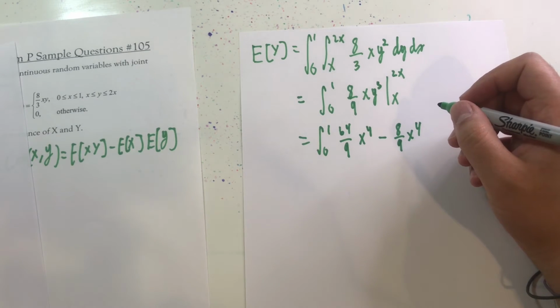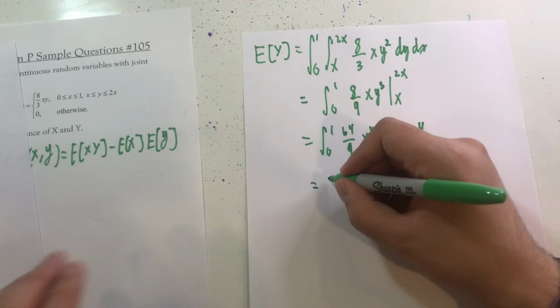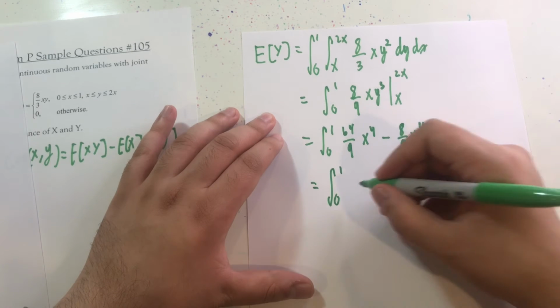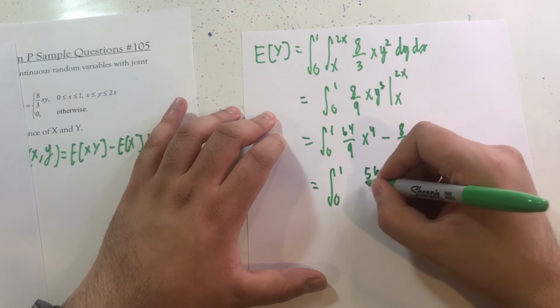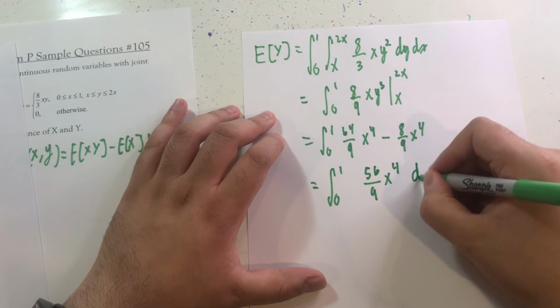And just so I don't make an embarrassing mathematical error, 64 minus 8, 56 over 9. So we have 0 to 1, 56 over 9 x to the fourth dx.